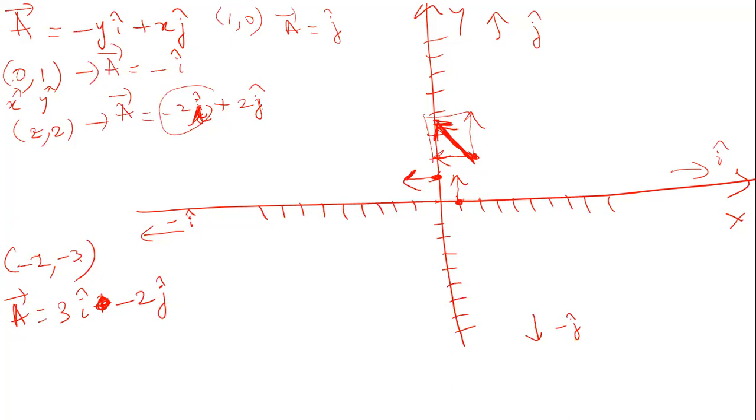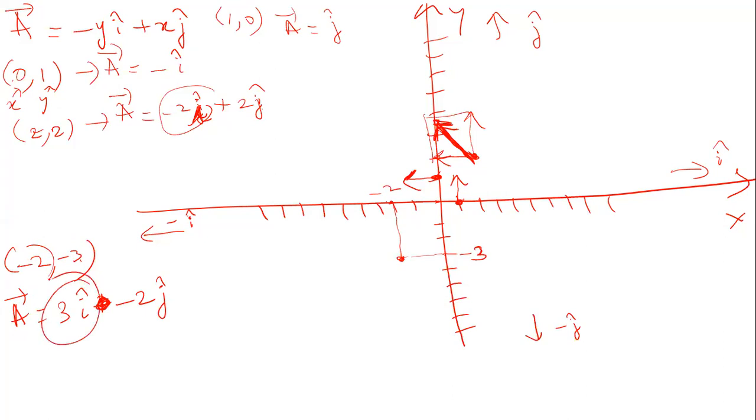So x value minus 2, y is minus 3. This is minus 2 coordinates, minus 3 coordinates. So the corresponding coordinate point will be somewhere here.